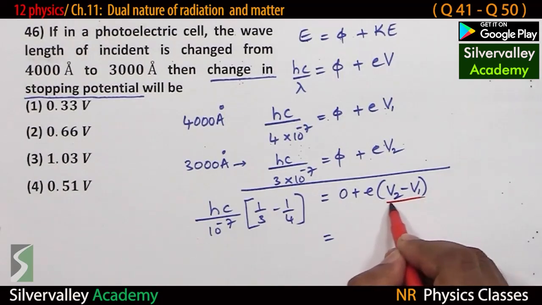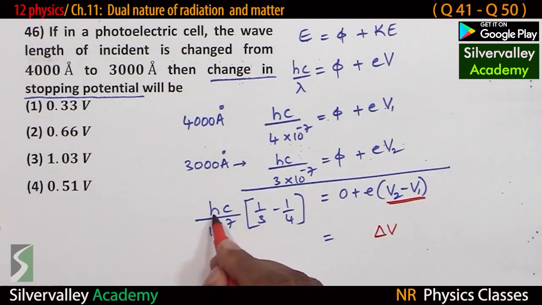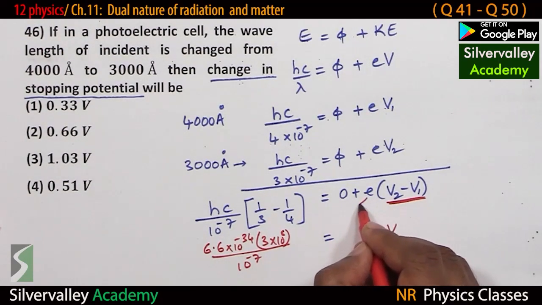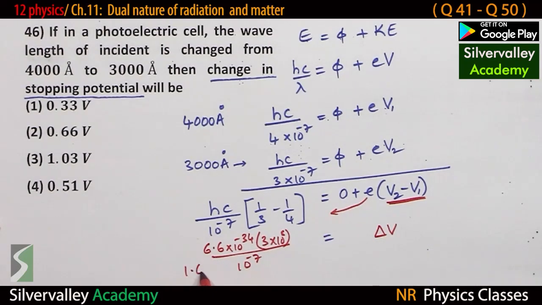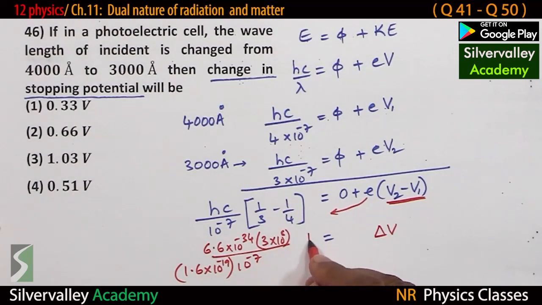This is the change in potential, delta V. hc: h is 6.6 times 10 power minus 34, c is 3 times 10 power 8, 10 power minus 7. Charge of electron, take it to the other side, 1.6 times 10 power minus 19. 1 by 3 minus 1 by 4: 4 minus 3, 1; 4 into 3, 12.